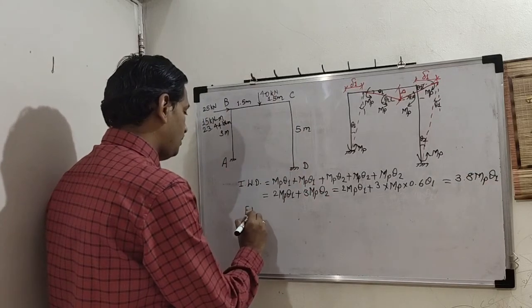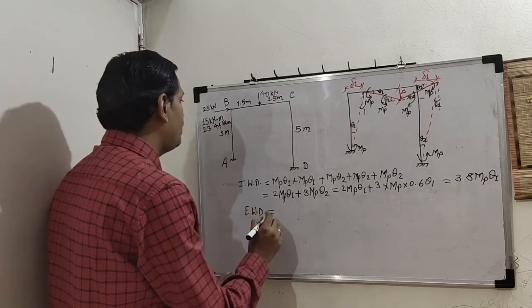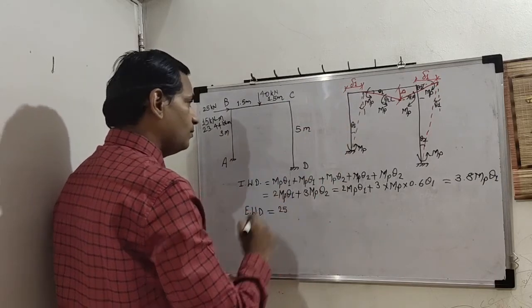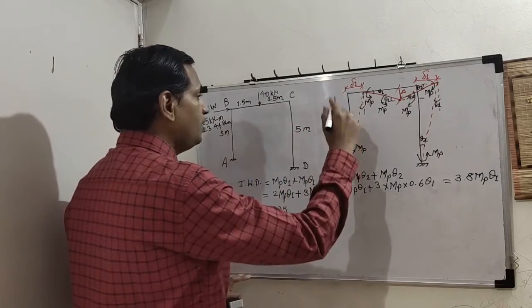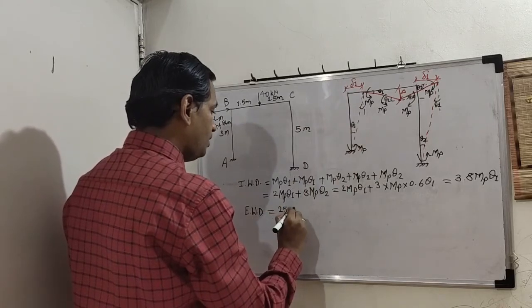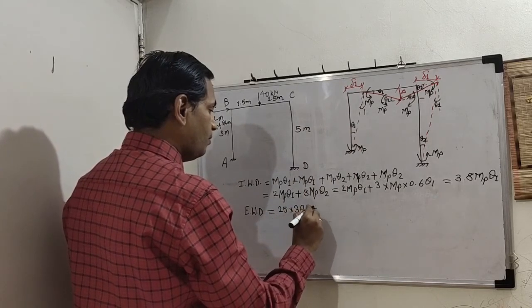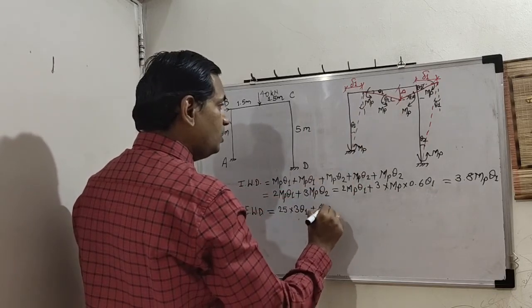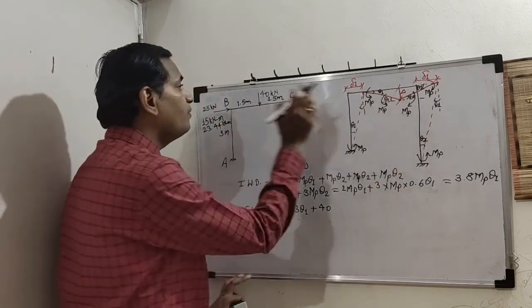External work done, combination of 2, 25 delta 1, which is 3 theta 1. So 25 into 3 theta 1 plus 40 into this delta. How much is this delta? 1.5 theta 1.